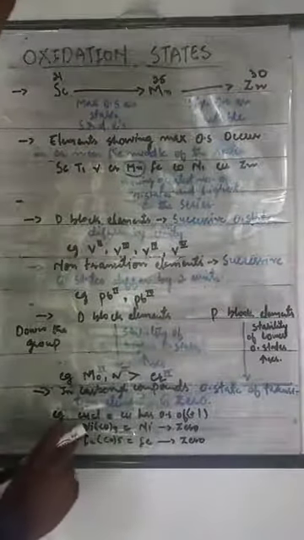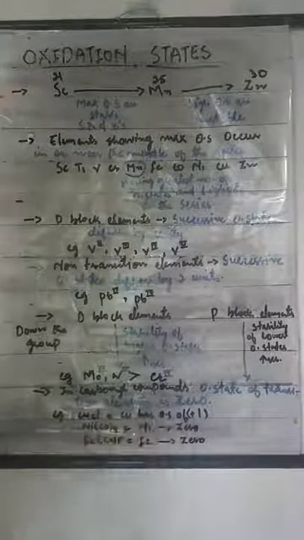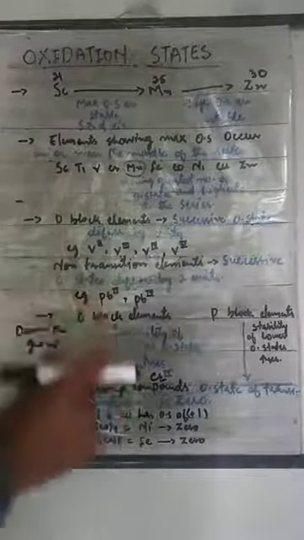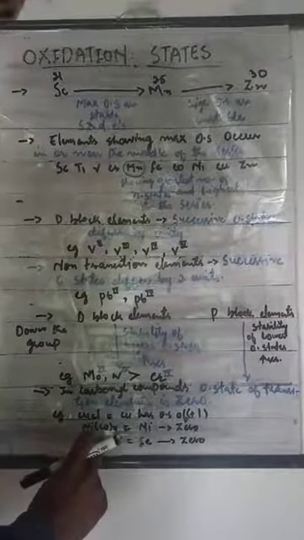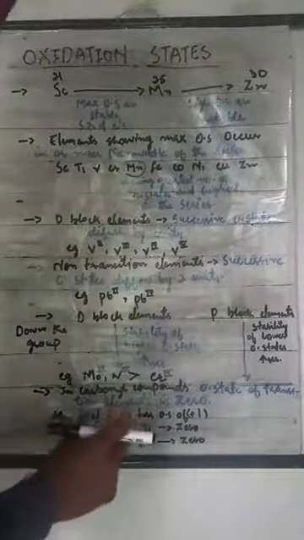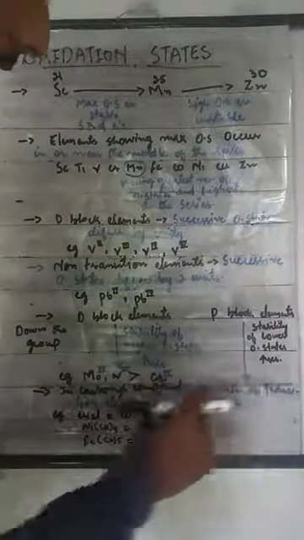But in case of nickel tetracarbonyl, nickel has a 0 oxidation state. Nickel here acts as a central metal atom and the carbonyl acts as a ligand. In case of iron pentacarbonyl, iron has an oxidation state of 0. That's why I have written here, in carbonyl compounds, oxidation state of transition elements is 0.